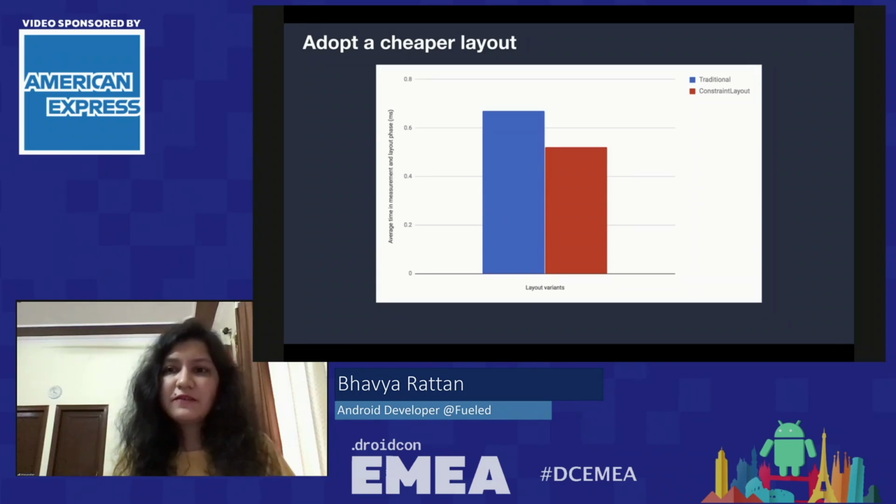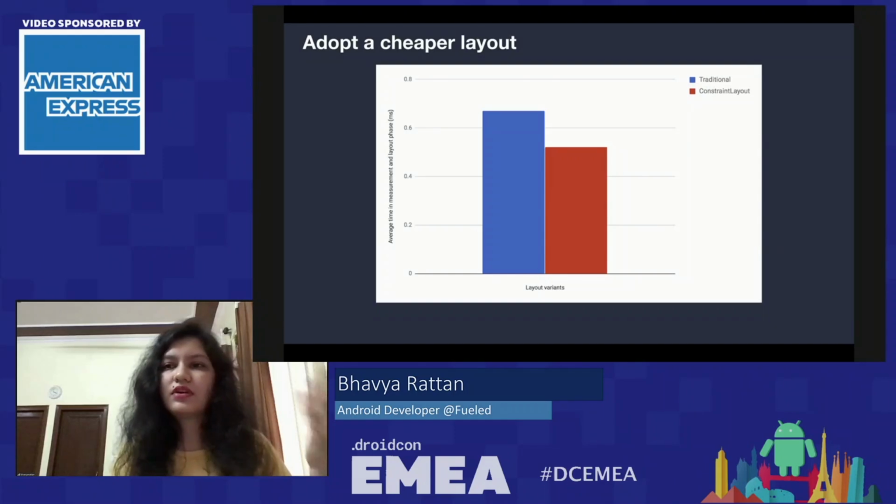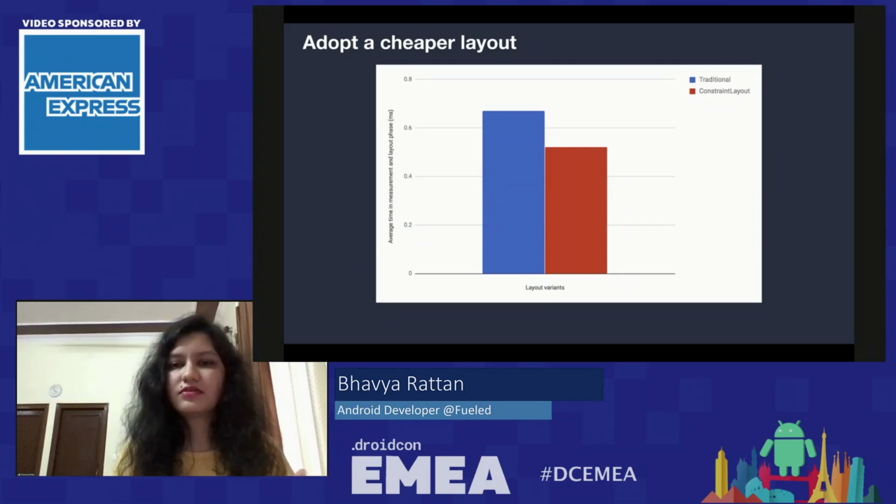As you can see, the constraint layout is approximately 40% better than the traditional approach, and saved us about 40% of the time in the whole layout process. So it's really good to use constraint layout.